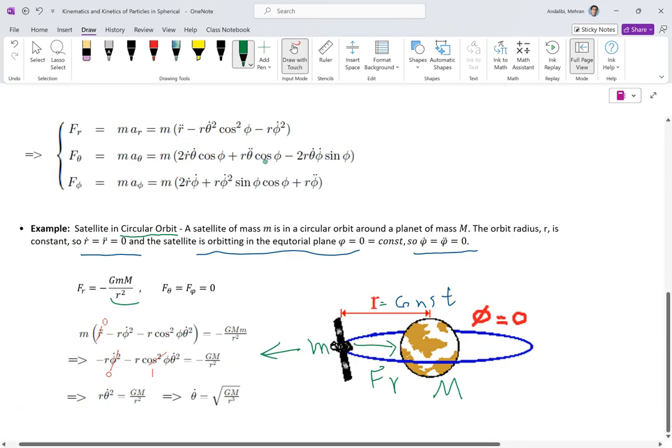So that's your F_r. There is no force for theta and phi. So if you plug in a 0 here, a 0 here, and negative m G M over r squared for F_r, then you're going to get these three equations down below here.